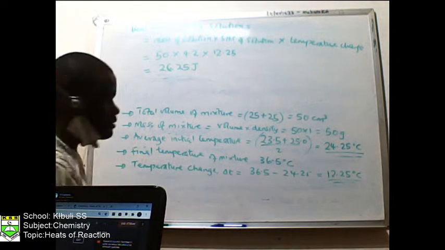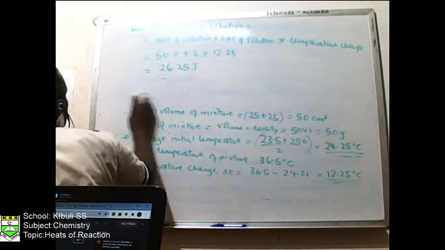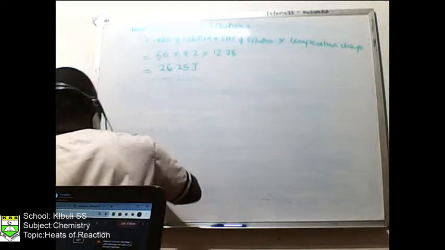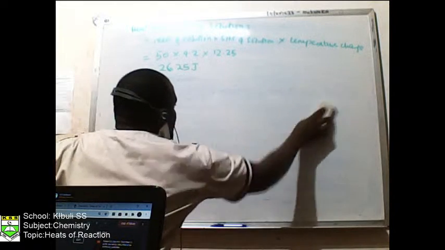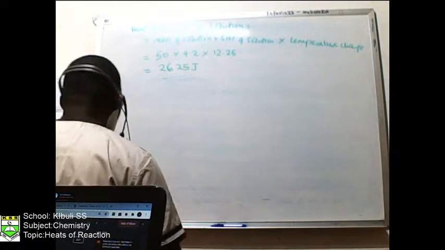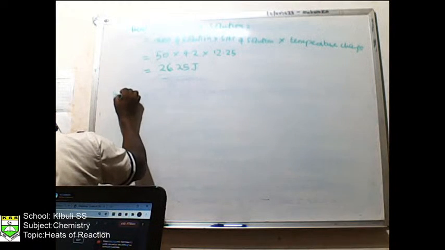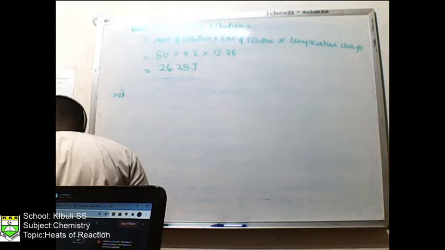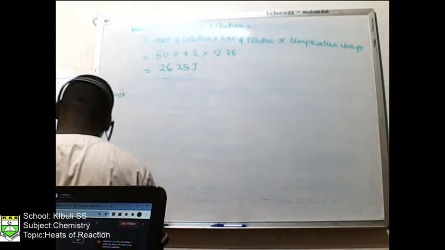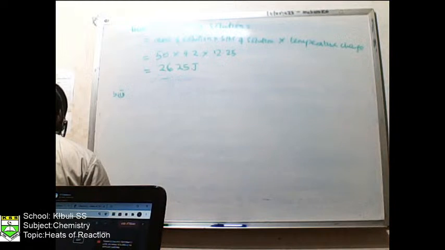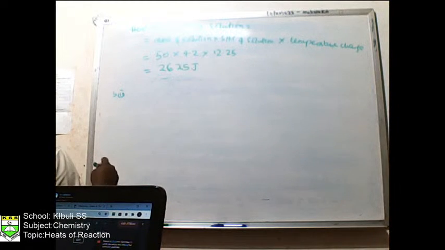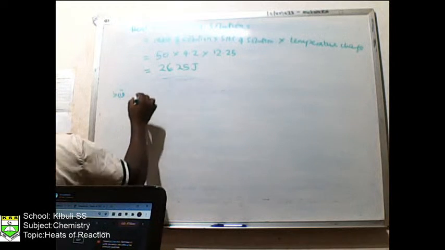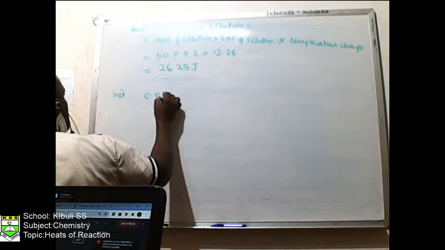Then part B, Roman 2. They asked for the molar heat of reaction. Remember, in part A, we calculated the number of moles of the acid, and this was 0.05 moles.